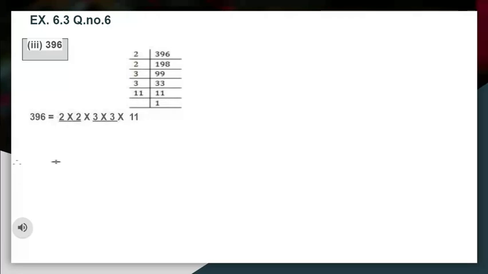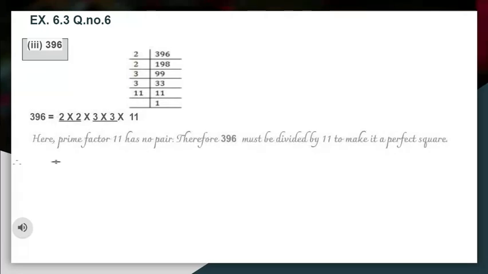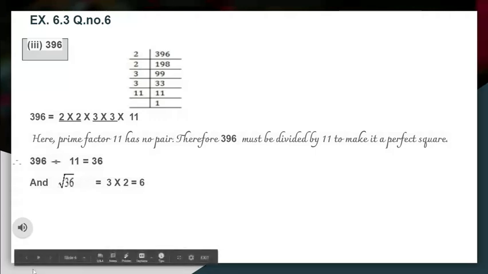So we have to divide 396 by 11. Here prime factor 11 has no pair. Therefore, 396 must be divided by 11 to make it a perfect square. Therefore, 396 divided by 11 is equal to 36. And root 36 is equal to 3 into 2, that is equal to 6.